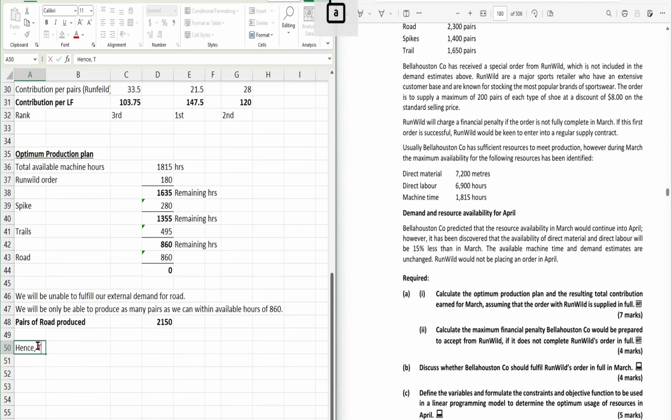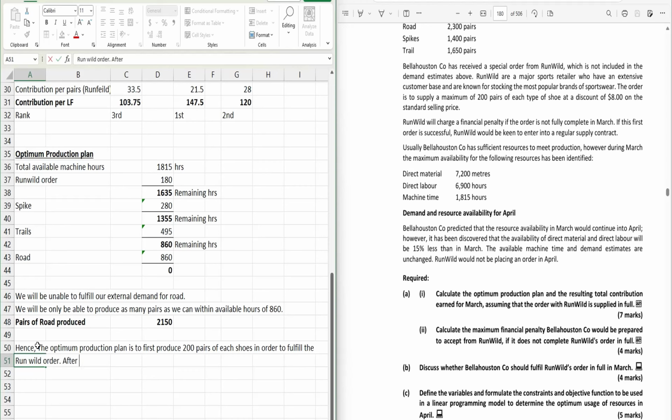Hence the optimum production plan is to first produce 200 pairs of each shoe in order to fulfill the Run Wild order.